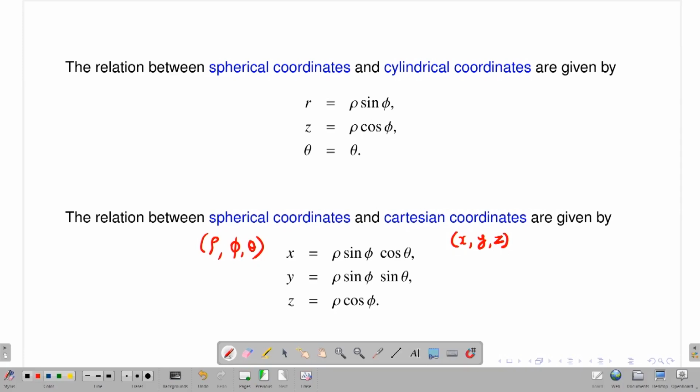The relation is x equal to rho sin phi cos theta, y equal to rho sin phi sin theta and z equal to rho cos phi.